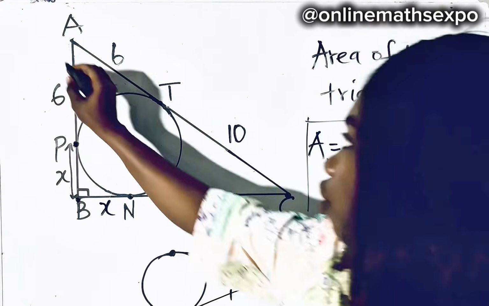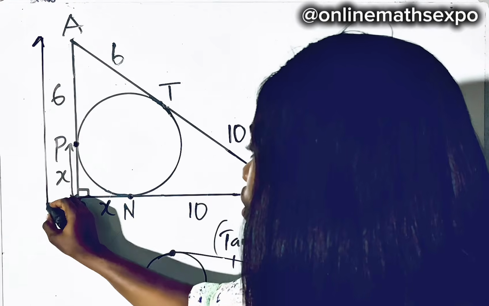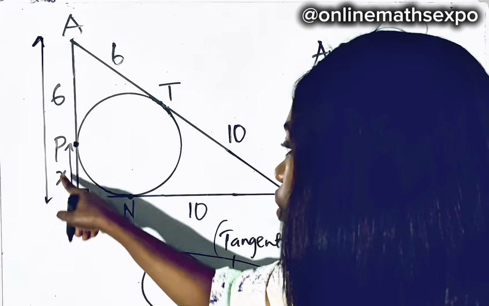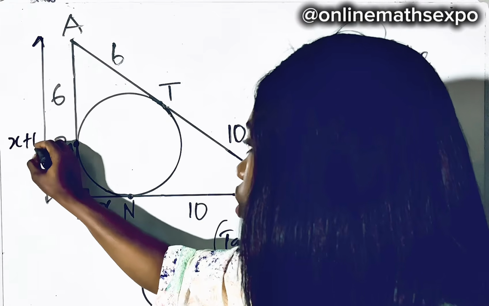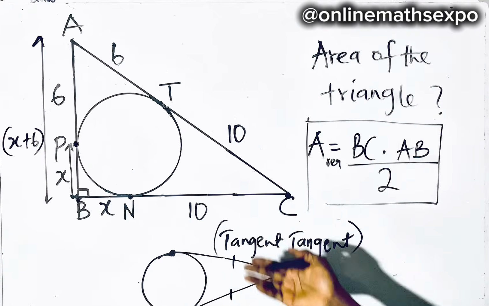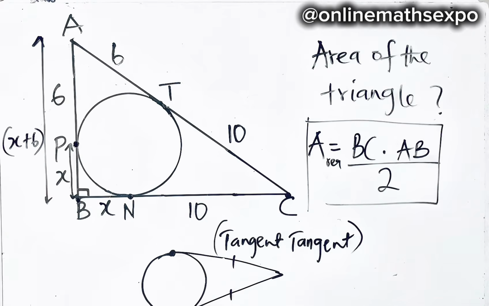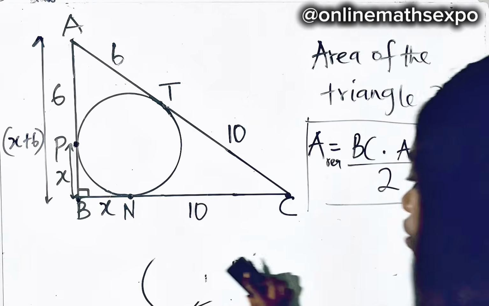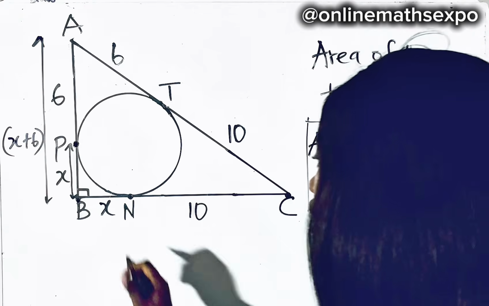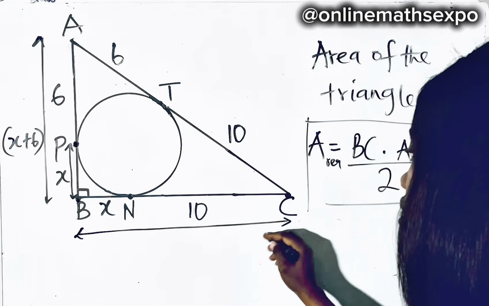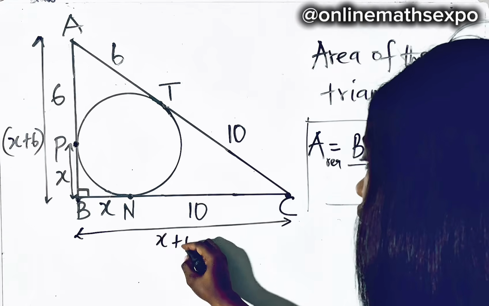It means the whole length AB is going to give us 6 plus X, that is X plus 6 units. Now, if you go to length BC, we have found the whole length BC, and that is X plus 10.